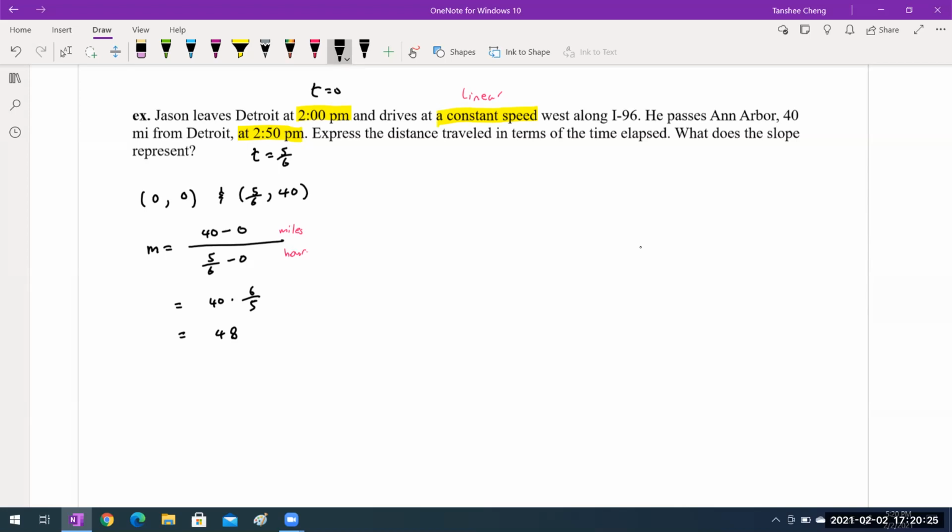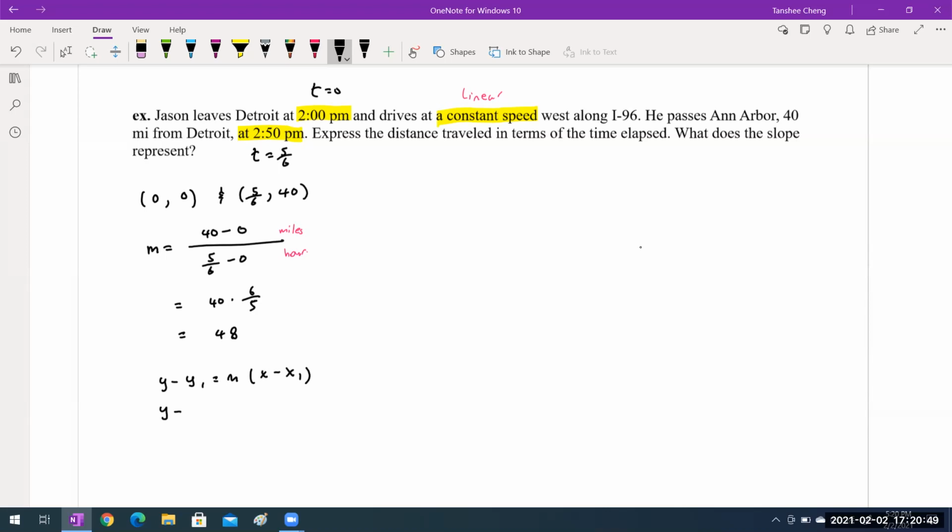Now, continuing, I want to write an equation. I can write y minus y sub 1 equals m times x minus x sub 1, starting with point-slope form. Any point you want to use is perfectly fine.